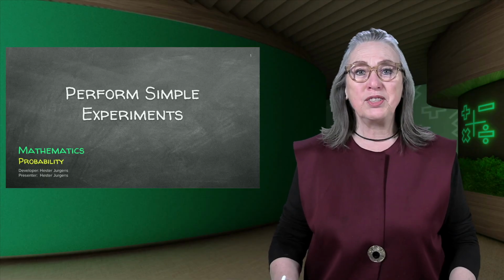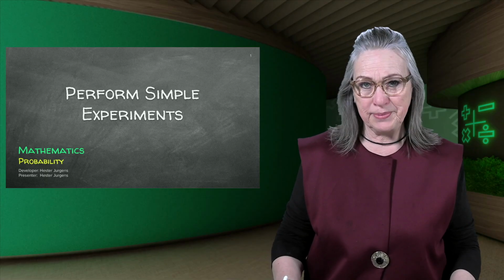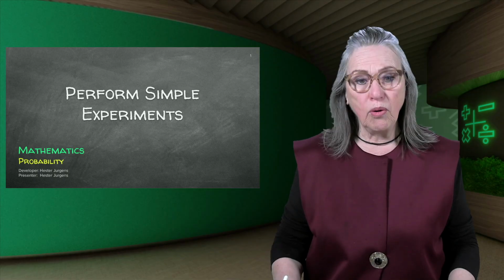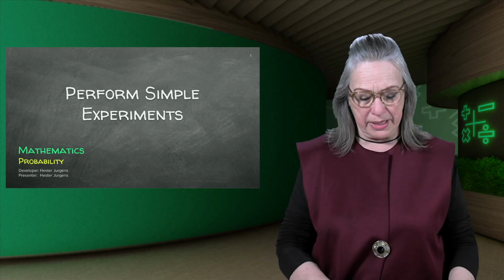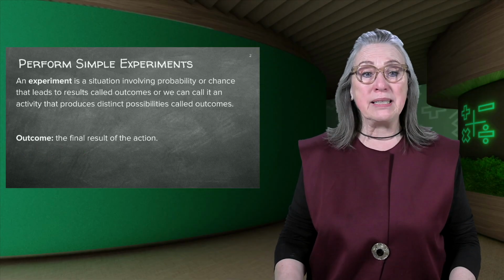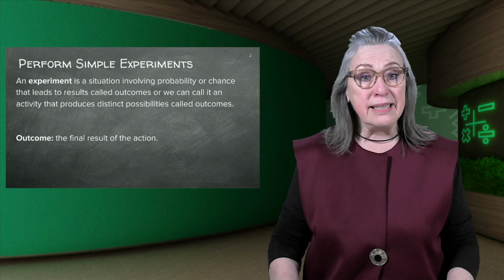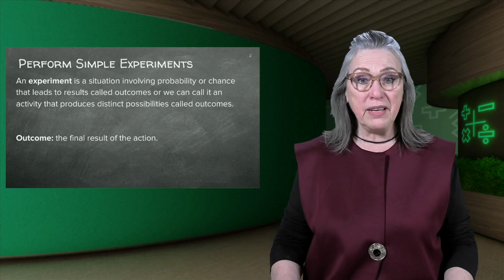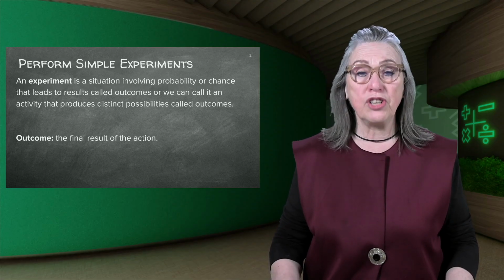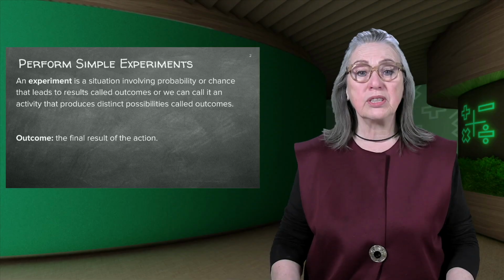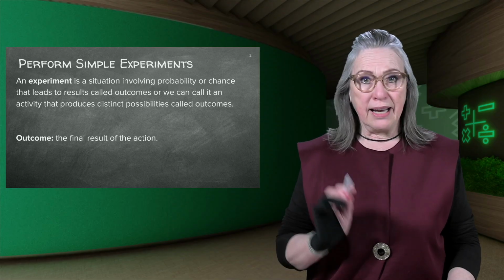Today we are going to do probability. Now the first in this series is how to perform simple experiments. Now what is an experiment? An experiment is a situation involving probability or chance that leads to results called outcomes. Can I repeat that?